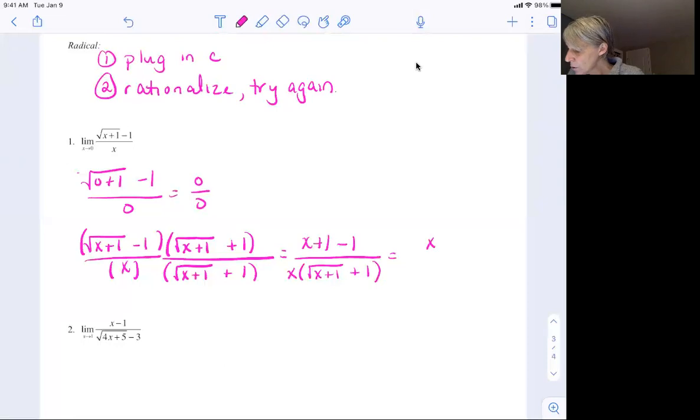So I'm going to reevaluate, right? We're going to first simplify, and I'm going to reevaluate this limit. We're going to rationalize, simplify, and try again.